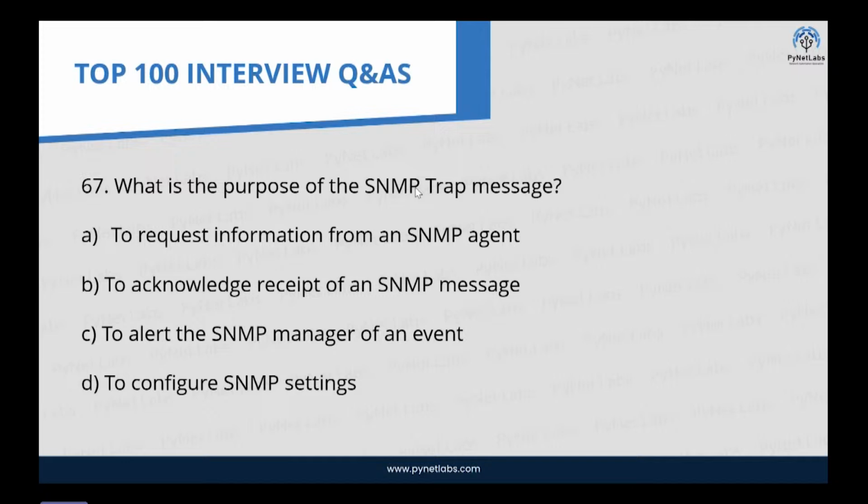All these things are there, but SNMP trap provides a mechanism for SNMP agents to inform the SNMP manager about the events occurring on the managed device in a proactive and asynchronous manner. This is really crucial for real-time monitoring and rapid response to network events and issues. So as per this question, the correct answer is option C, to alert the SNMP manager of an event.